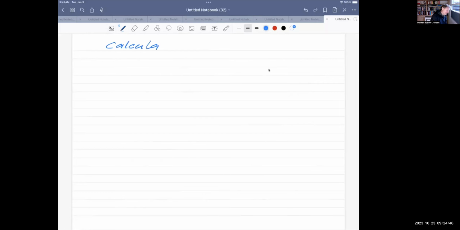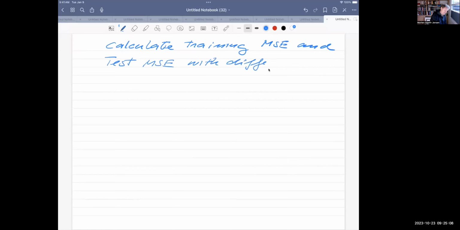So we could calculate the training mean squared error and test mean squared error with different data sets. Different, but limited. So we don't have an infinity of data. And that's actually the problem which we typically end up with.